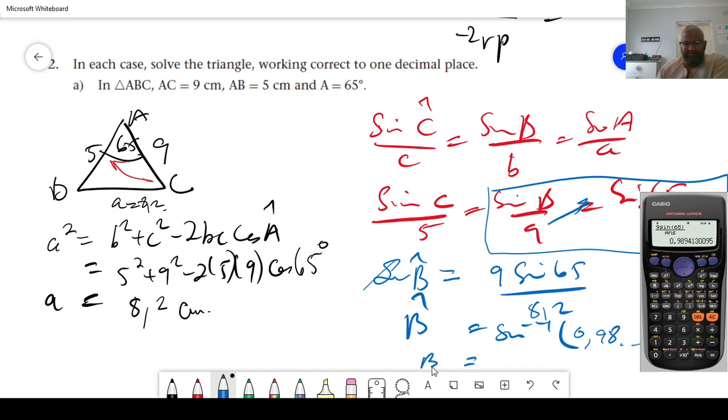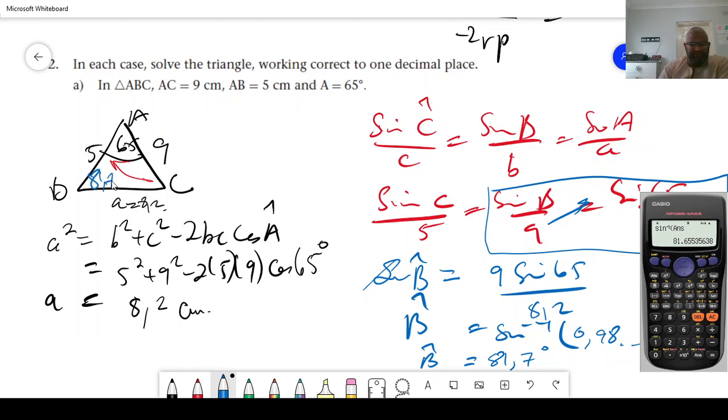So arc sine thereof will give me angle B as 81,6, so 81,7. Okay. So now I have B. You just fill this in, populate the diagram.